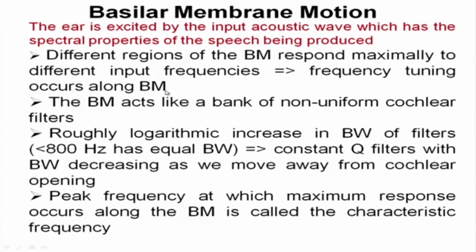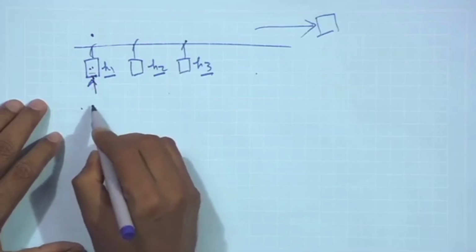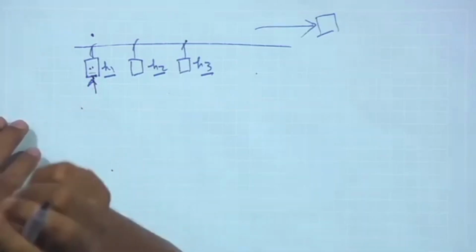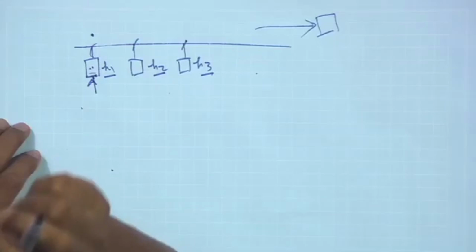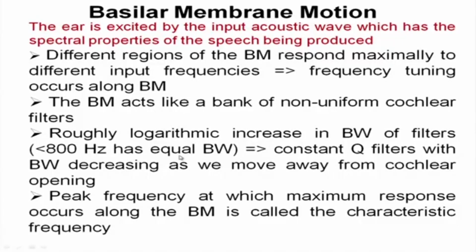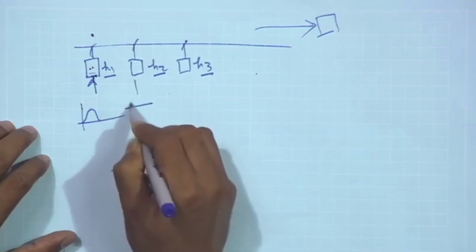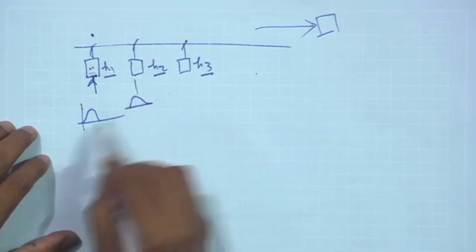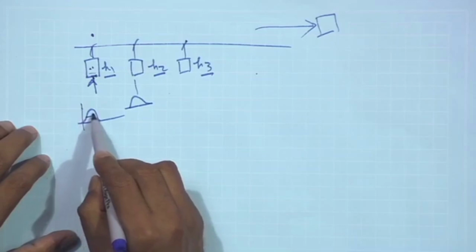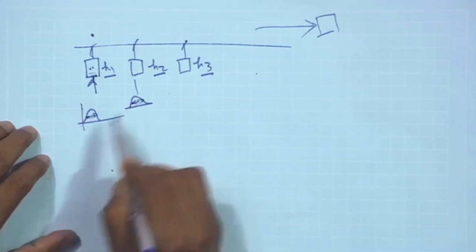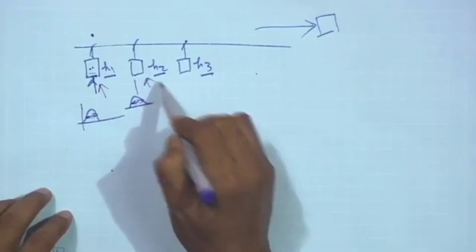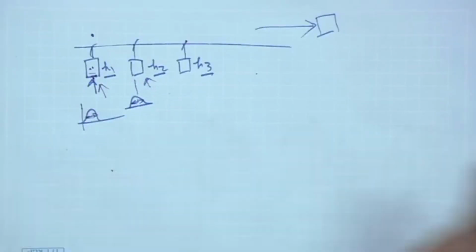Each tank circuit is responsible for a particular frequency band, which is a constant Q filter. This is a particular frequency band, and this is also responsible for a particular frequency band. Then I want to know whether these bands are linear or non-linear. The bandwidth of each filter: is it linear overlapping or non-linear overlapping?